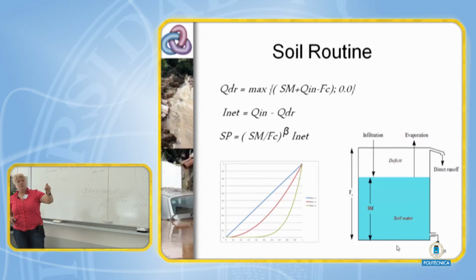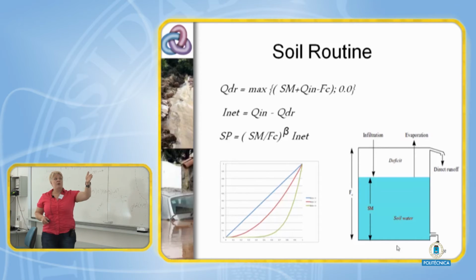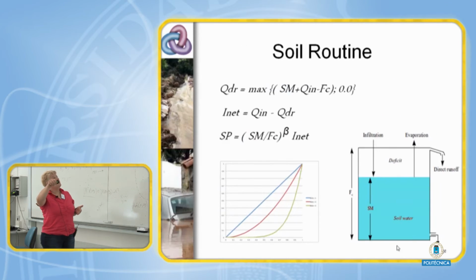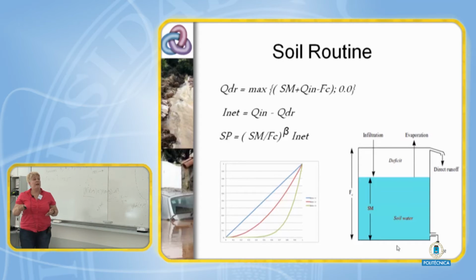The other part of the water will infiltrate and partially stay in the soil as soil moisture, and after that it will go out as seepage water. This is the function that defines what portion of the incoming water will stay in the soil as soil moisture and which part will go as seepage water.